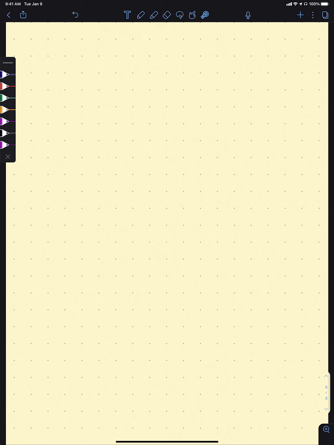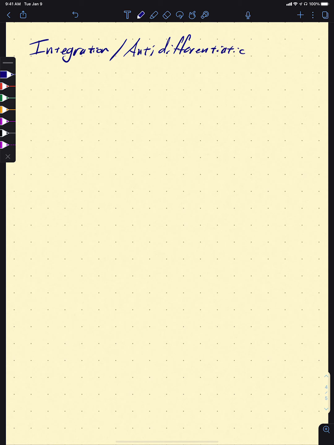And we use this very famous sign, this integral sign here. Looks sort of like a big, very thin and stretched out S in a way.